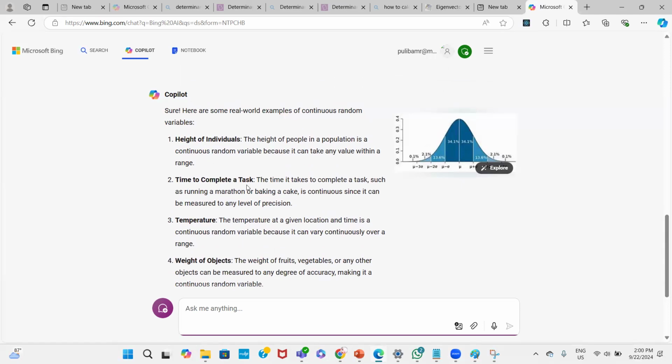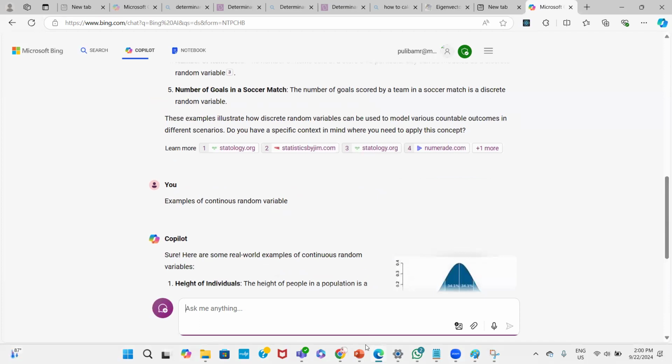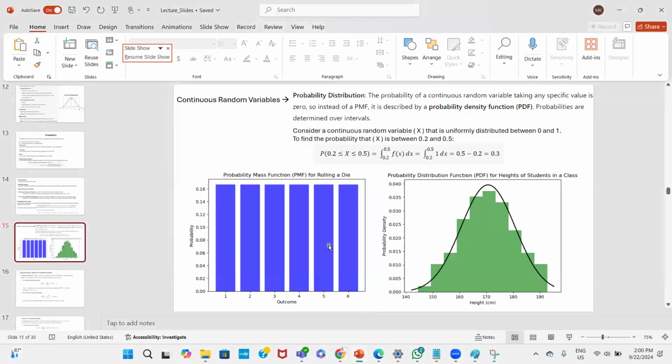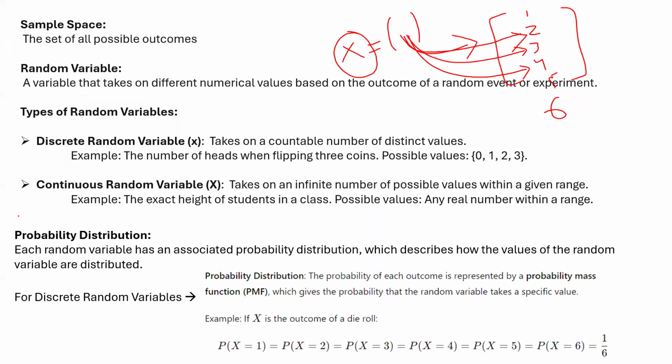Time to complete a task: one can take 2 minutes, 2 minutes 5 seconds, 2 minutes 10 seconds, 2 minutes 10 seconds 5 milliseconds. So that is continuous. Temperatures can be continuous, 23.1 degrees Celsius, 23.2 degrees Celsius. These are simple examples of discrete and continuous random variables. Are we clear till here?